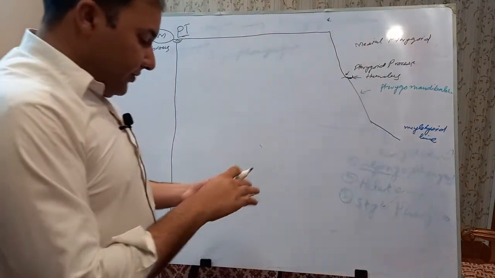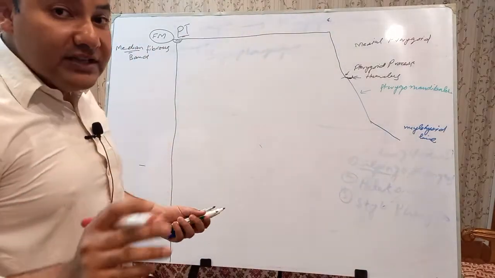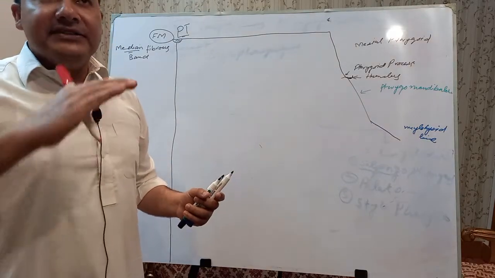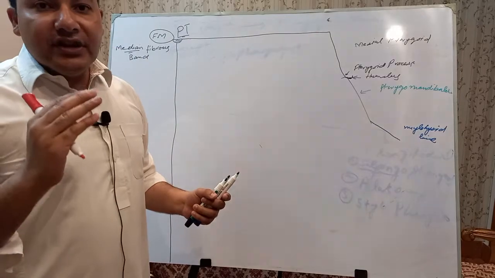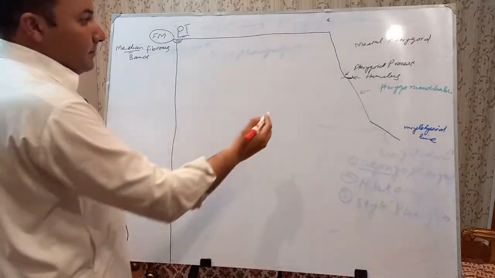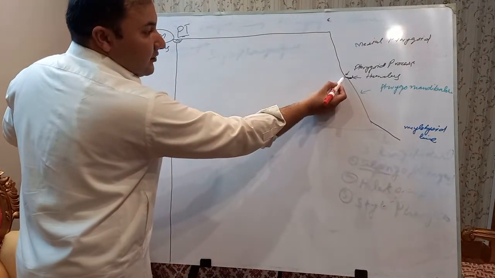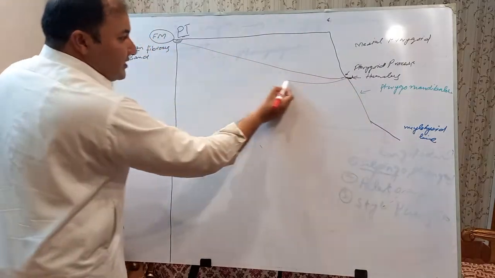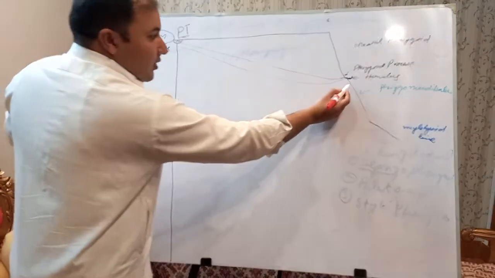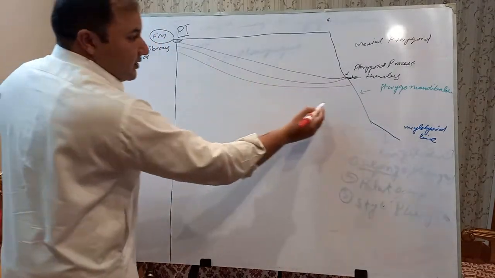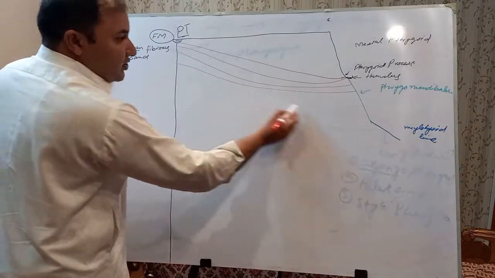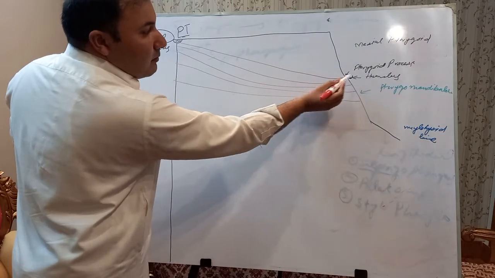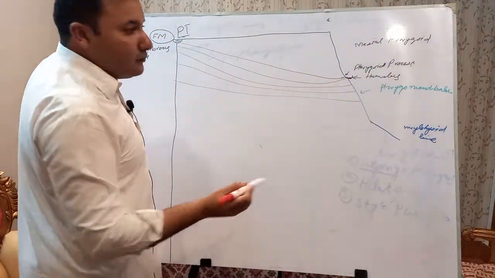Now see the origin and insertion of the first circular muscle, the superior constrictor muscle of the pharynx. The origin is from the pterygoid process of the sphenoid bone.